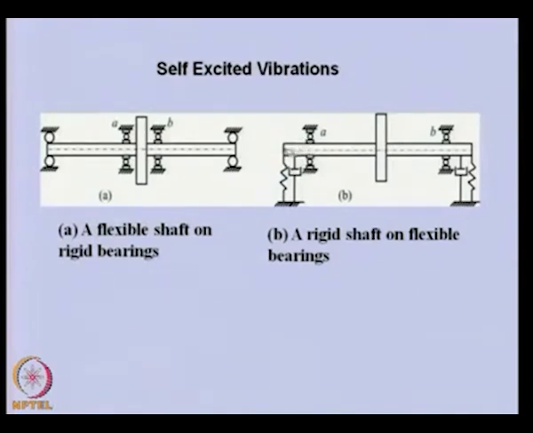So you can see that this self-excited vibration due to the fluid film bearing will take place only when the motion of the shaft ends is there. If we arrest the motion of the shaft, the self-excited vibration will automatically die down. So now it is very clear what the difference is between self-excited vibration and external excitation. In this case we have seen that the self-excited vibration is generated by the motion itself.